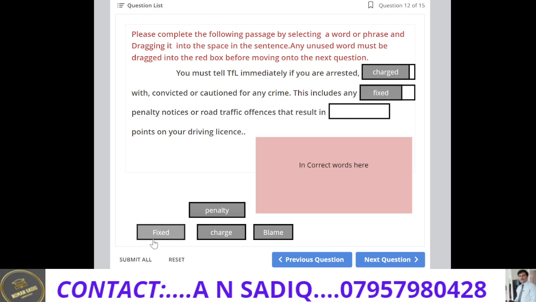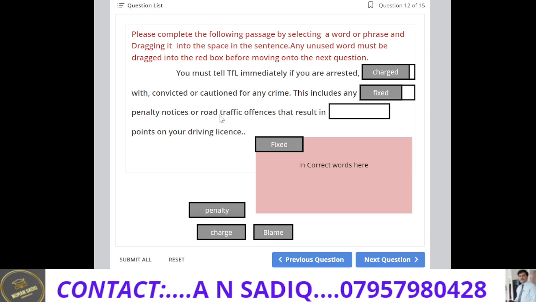But remember here again it is written "Fixed", but the start letter is F with a capital letter. So you should not be using this. It should be "fixed" with a small letter f, not with a capital letter. So I am putting this here: fixed with a small letter should be here.